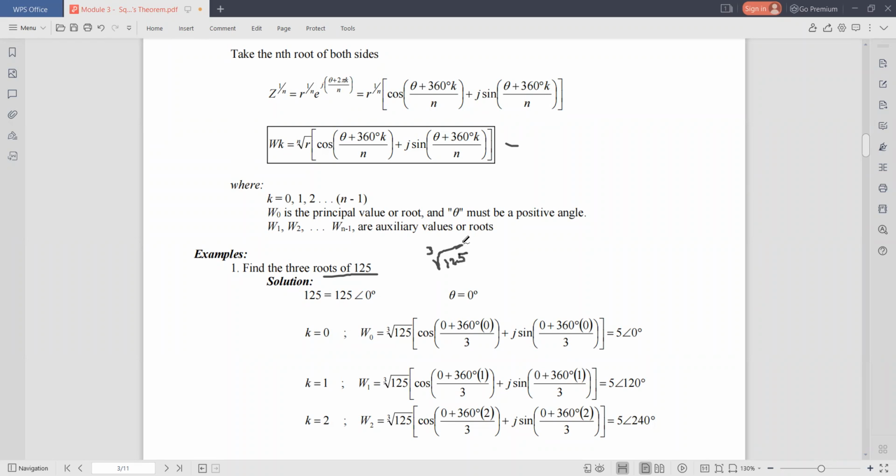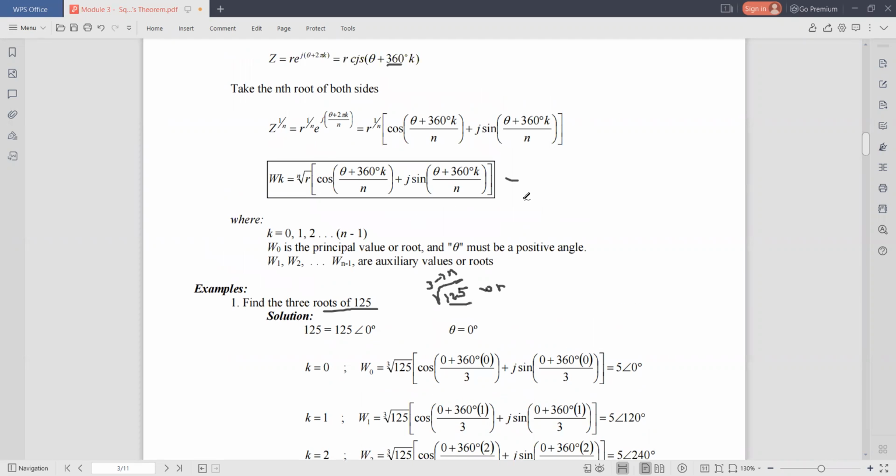Yan. Okay, so this is your magnitude. Magnitude mo is yung 125, and then yung n mo is your nth root here, or this is just your 3. Okay, so following this formula, W sub 0 is equal to the cube root of your R, that is 125.